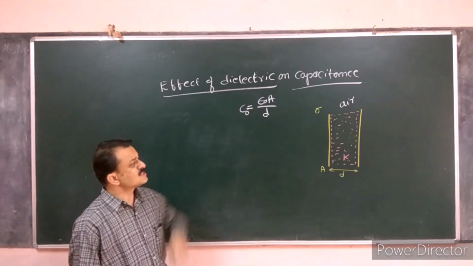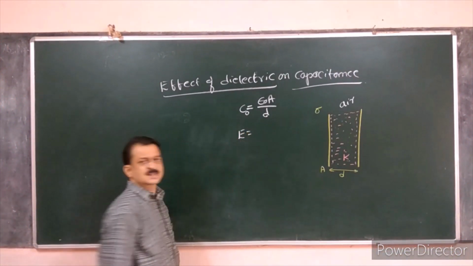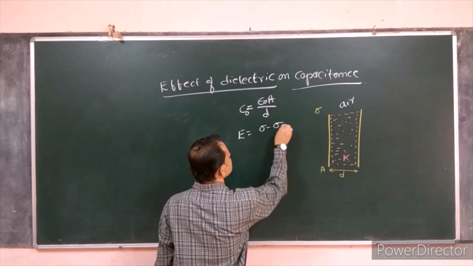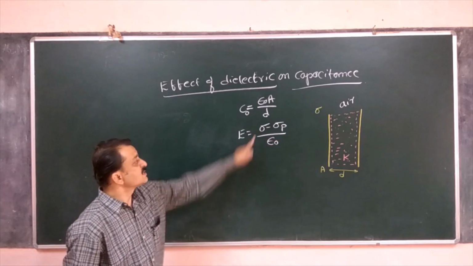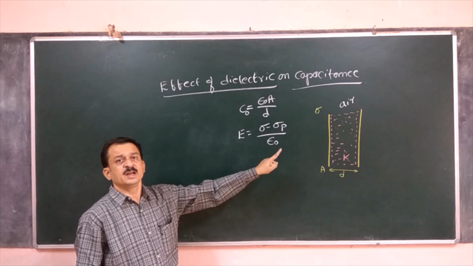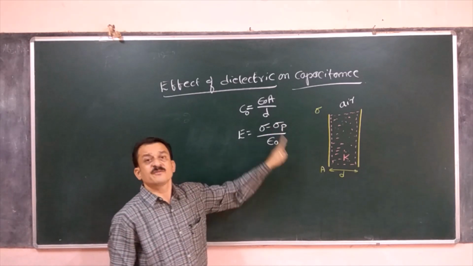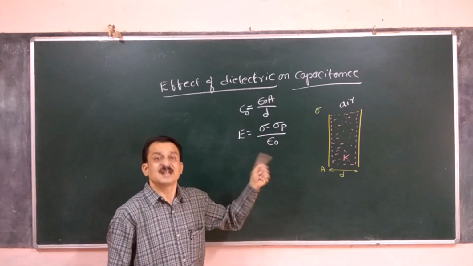Now, because of the presence of the dielectric, the electric field decreases by a factor given by sigma minus sigma p divided by epsilon naught. Sigma is surface charge density in the absence of dielectric. Sigma p is surface charge density on the outer face of the dielectric.